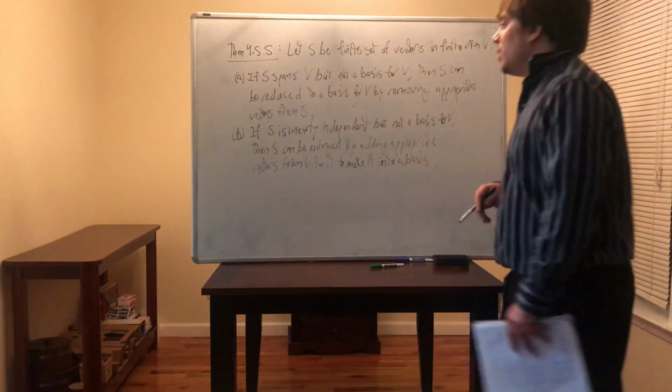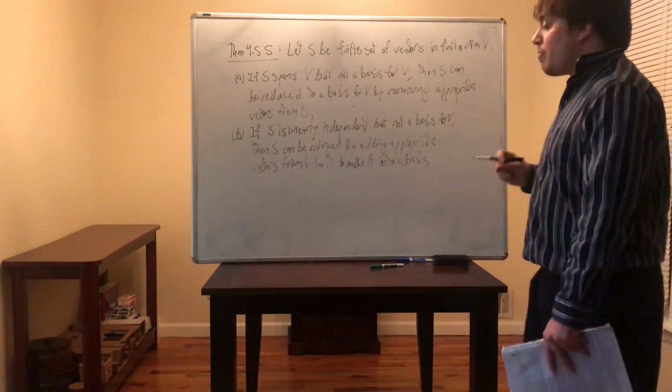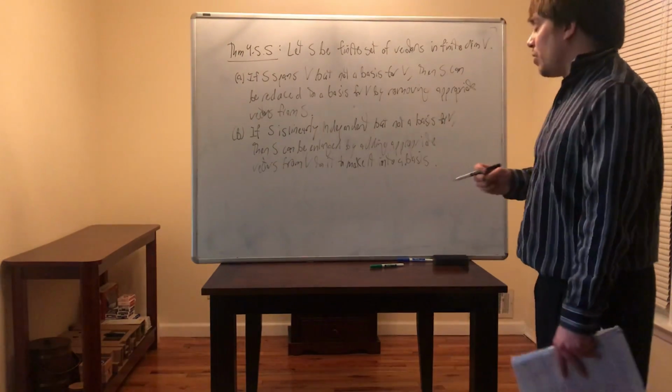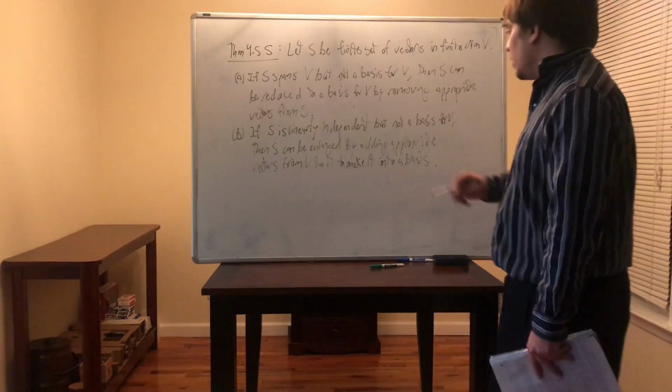Okay? So if capital S is linearly independent but is not a basis for V, then S can be enlarged by adding appropriate vectors from V to it to make it into a basis.